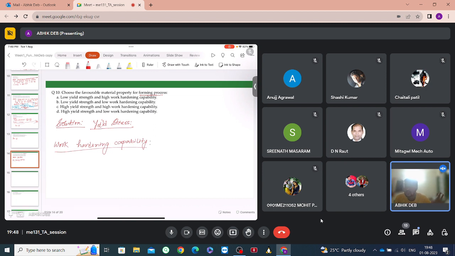I think all of you know what is yield stress. So a lower yield stress or a higher yield stress, which one will be beneficial?